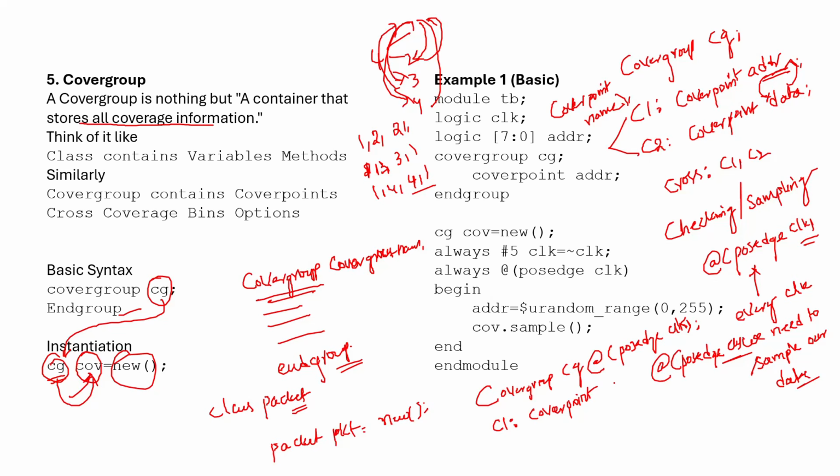This cover point will tell you which feature you are verifying, and then cover point address, and c2, another cover point, data, and then cross coverage. Okay, cross coverage c1 comma c2. In this way we are writing this cover group. Okay, end group. This is the basic syntax for your cover group.